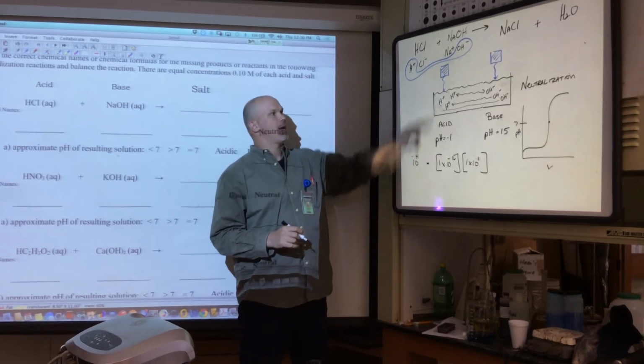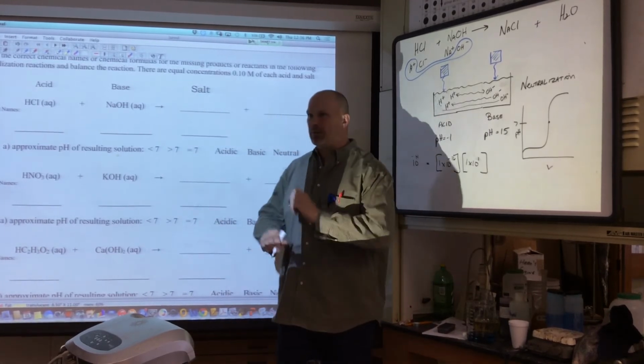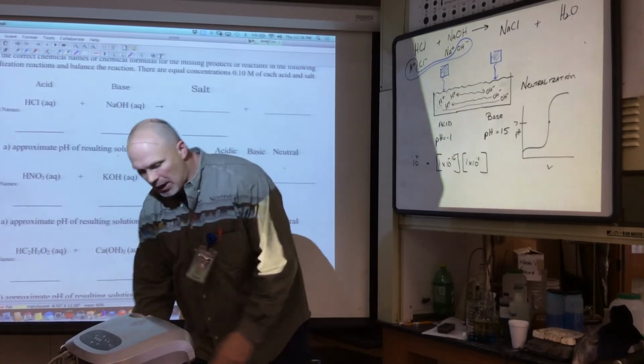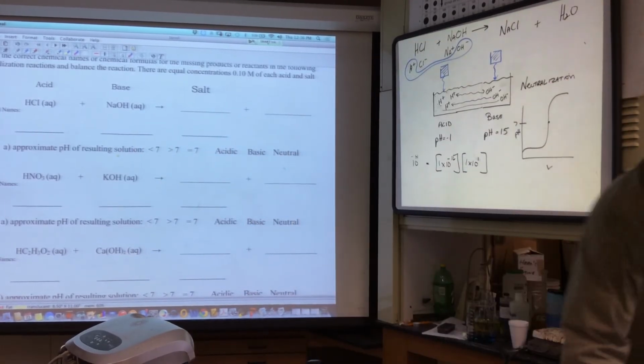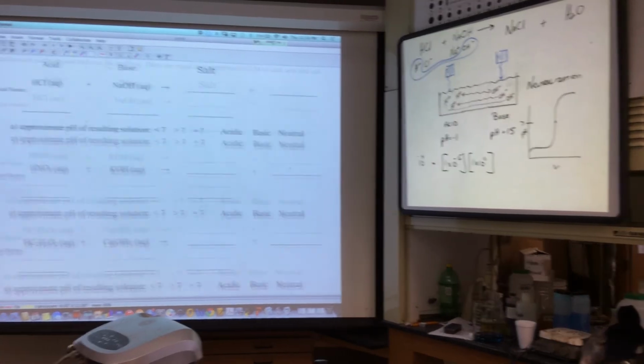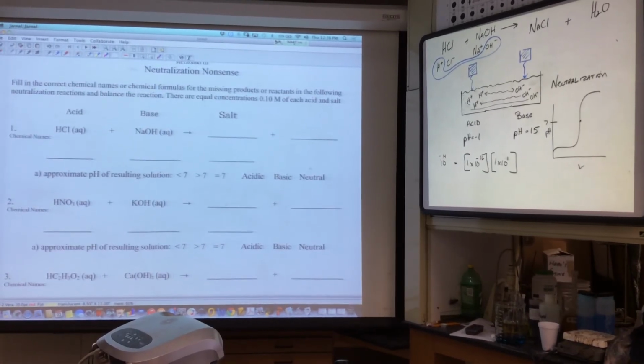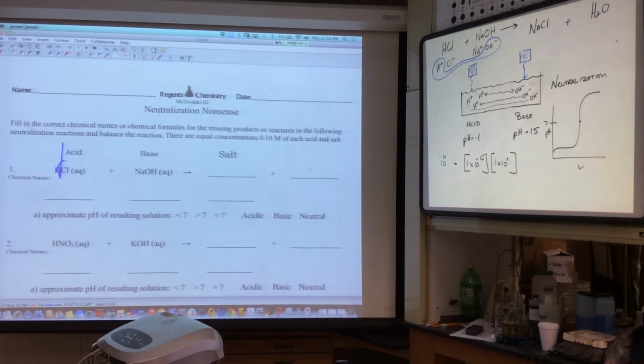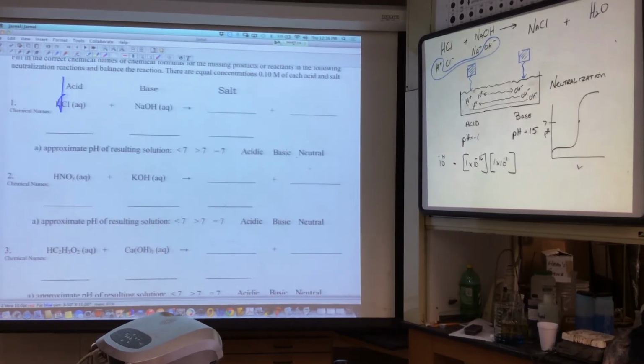Any case, that's what neutralization is. So my friends in chemistry, neutralization is matching hydroxides from the base to the H pluses. So here we go. We already did this one. Follow along with me. The H plus and the OH minus come off to make what?